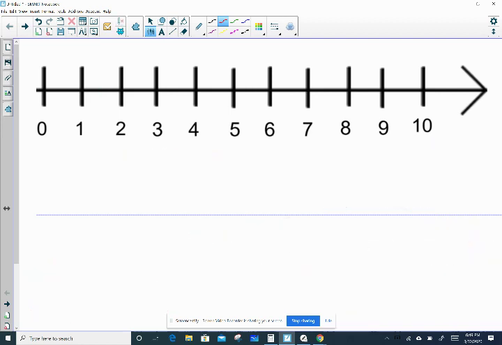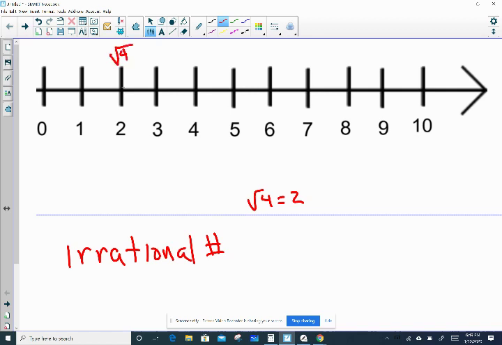I'm going to go ahead and clear my screen completely, and I'm going to write irrational number. Well, we saw that the square root of 4 equals 2. If we were to put that on the number line, the square root of 4 is just right there where 2 is. Well, let's try the square root of 5.